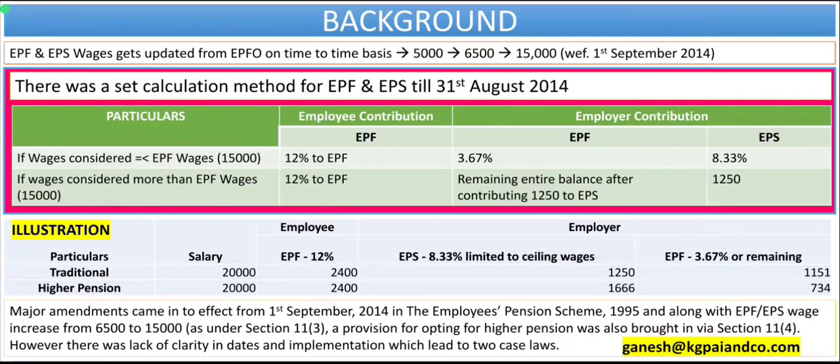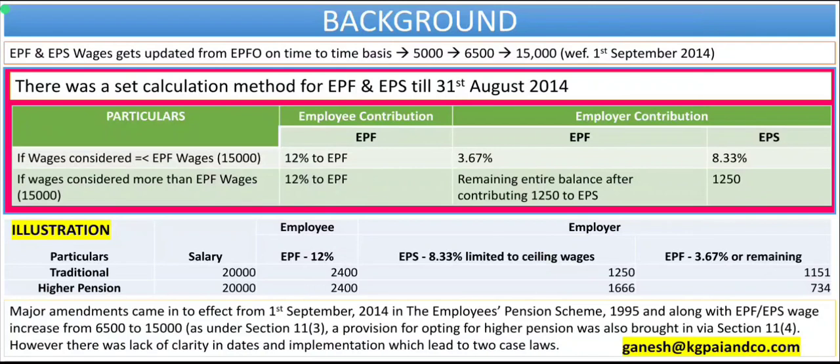The remaining 8.33% of employer contribution was sitting in EPS, that is the Employee Pension Scheme account. The calculation was super easy if contribution was on or below the PF ceiling wages.